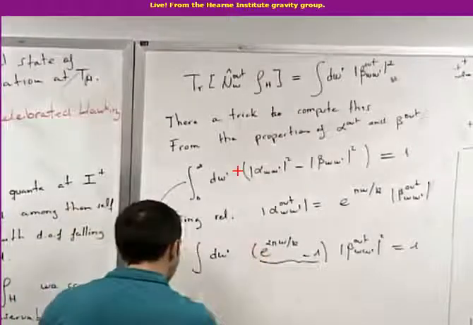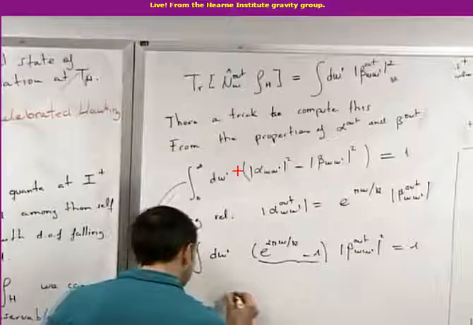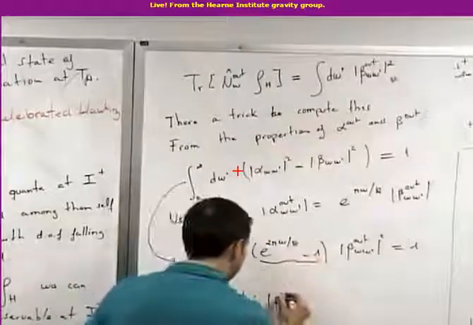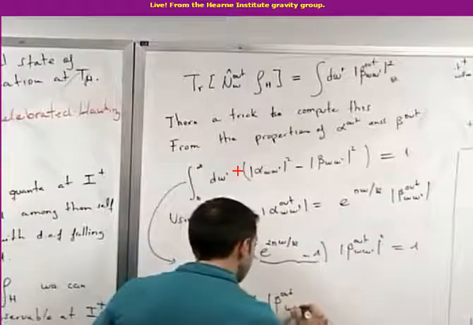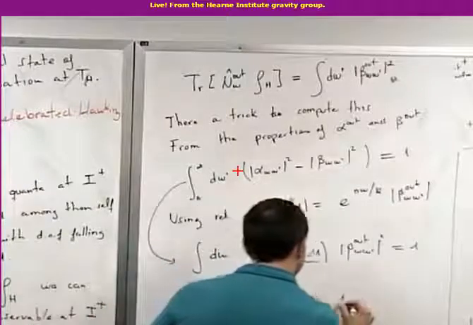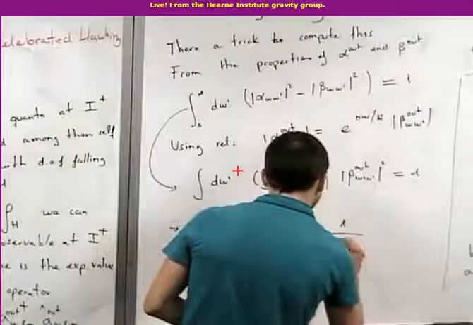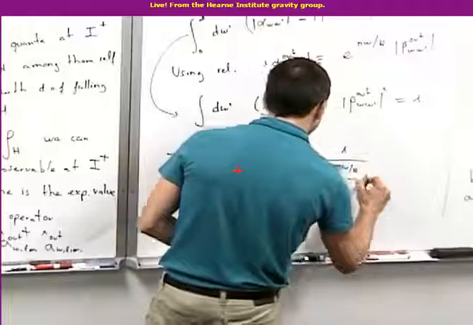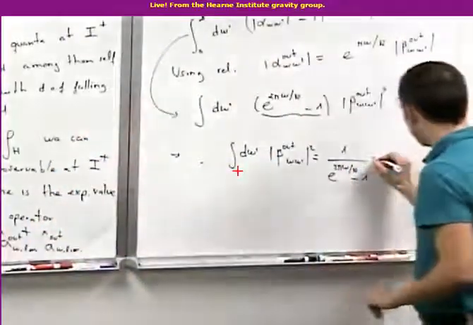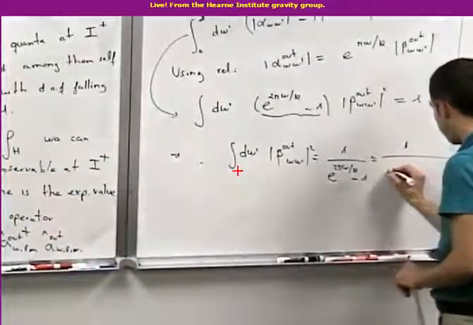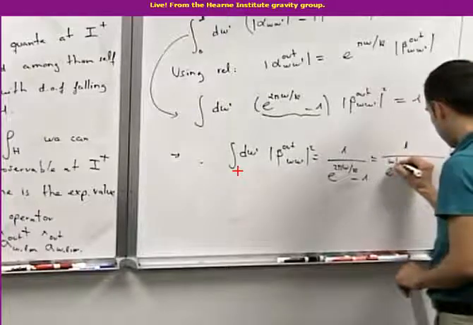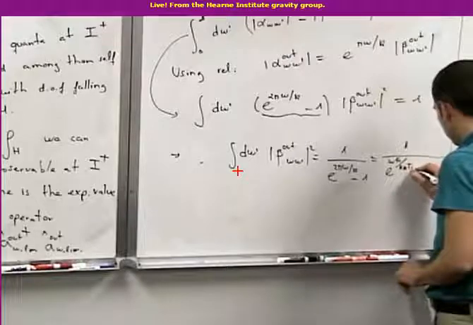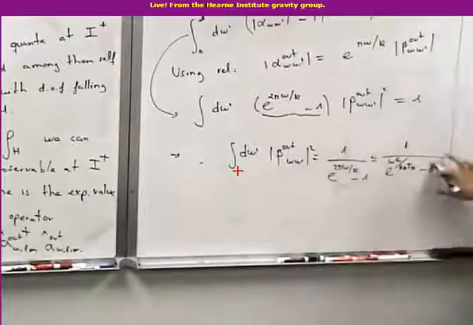So from here, I obtain directly that the integral that I am looking for is given by 1 over e to the 2 pi omega divided by kappa minus 1, which is precisely 1 over e to the omega h bar divided by the Hawking temperature minus 1.